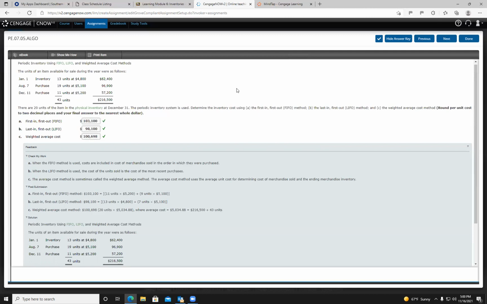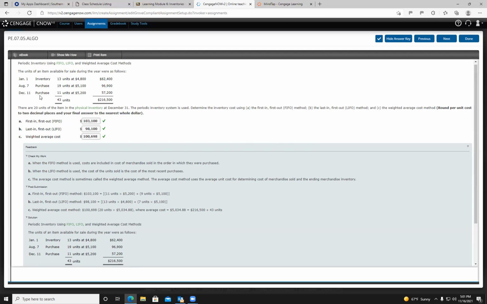So this is a problem where it's wanting us to determine the inventory cost using the three different methods. It gave us our beginning inventory balance and different purchases throughout the year, and the number of units and cost.